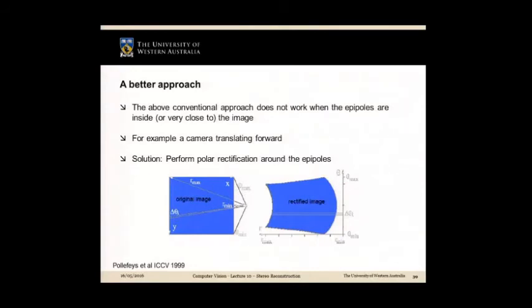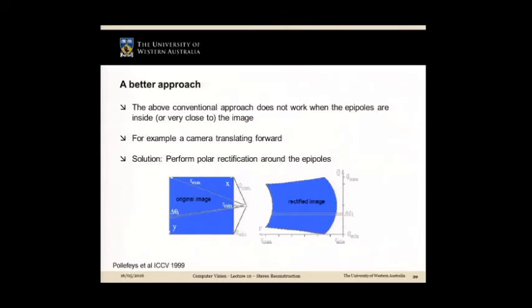Why? If your epipole is inside an image and you stretch it to infinity because you are trying to make your epipolar lines parallel, that will distort your image, and this image rectification will fail. That won't give you good results.